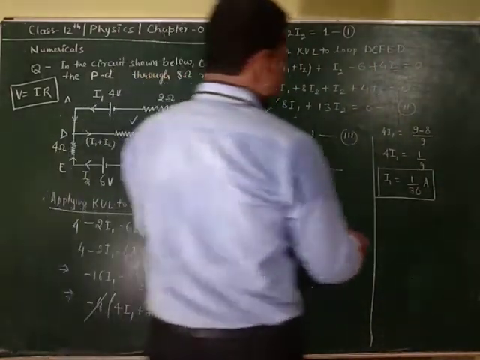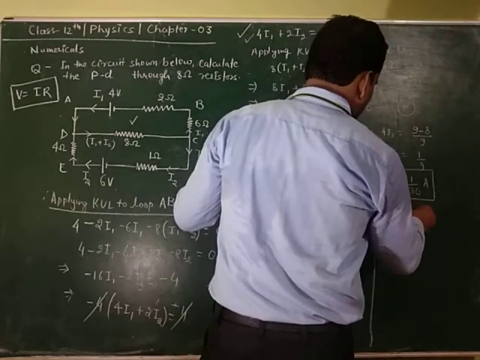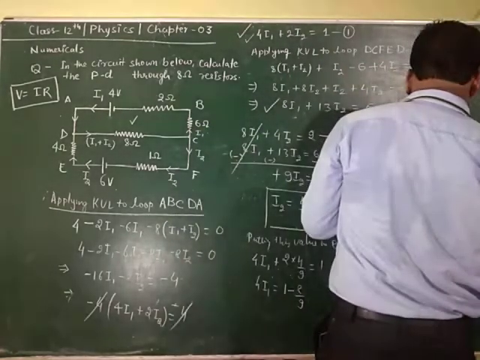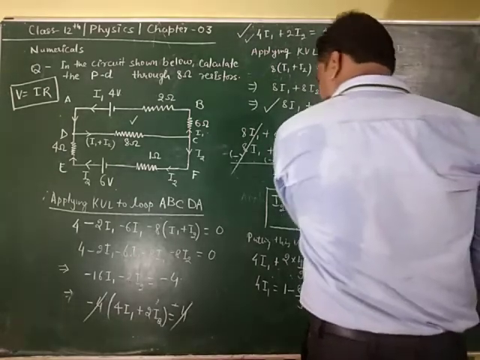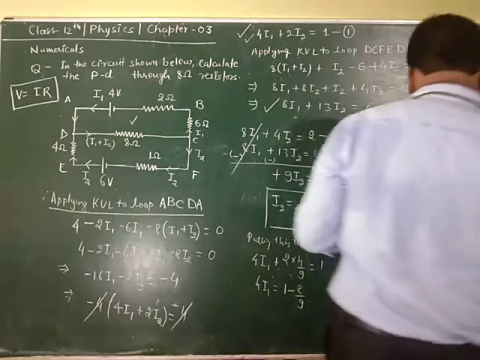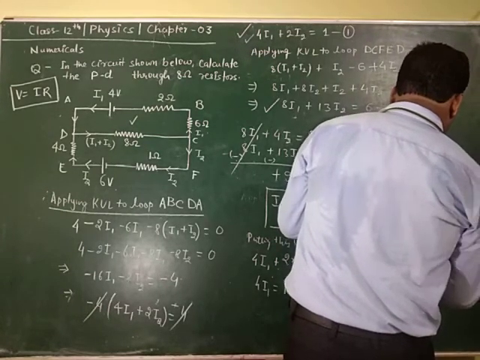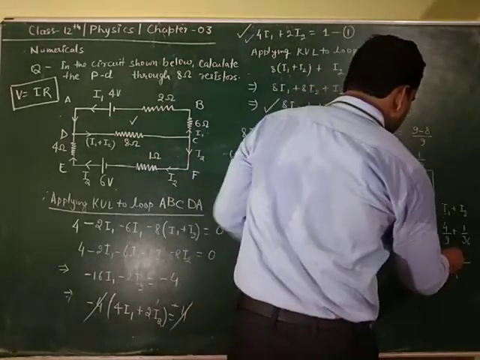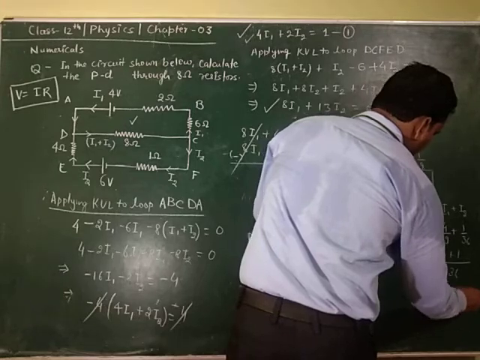The total current is therefore I1 plus I2, 4 by 9 plus 1 by 36. LCM is 36. 16 plus 1 equals to 17 by 36 ampere.